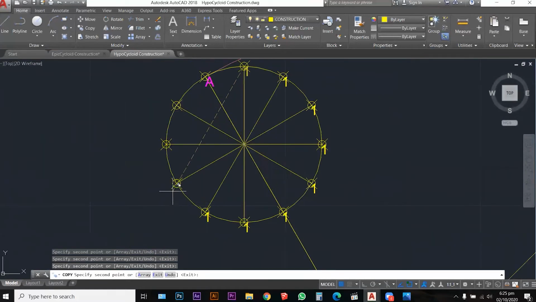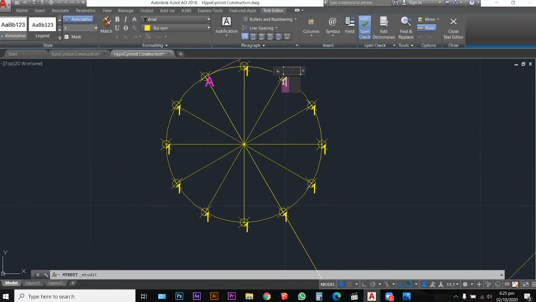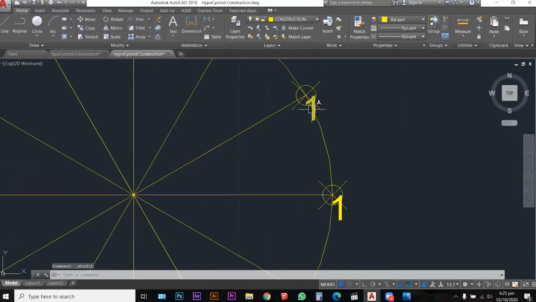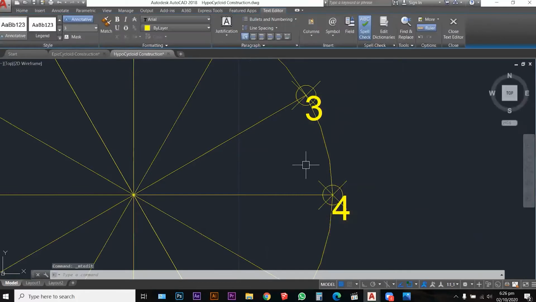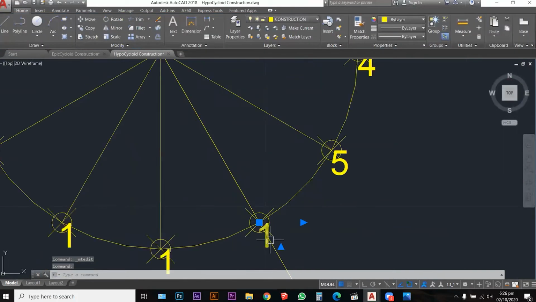I find that this is faster. Okay, that's 1. Just need to go to 2 now. 2, 3, 4, 5, 6.